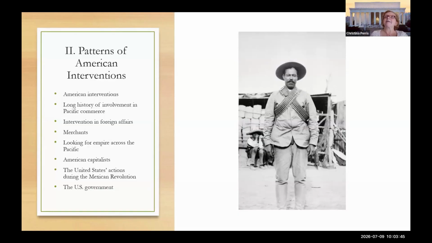Now, we've got to think, did Huerta necessarily go, oh, sure, guys, I'm going to let the elections take place? Or did he cling brutally to power? Well, he refused the demands of the United States.